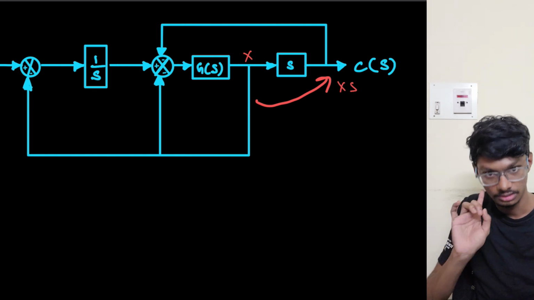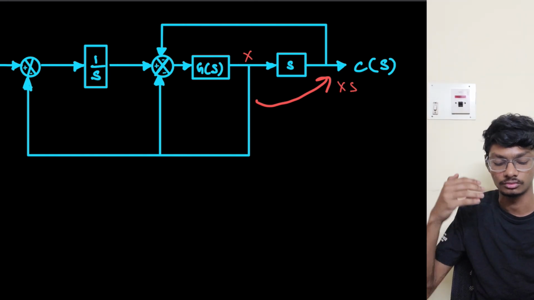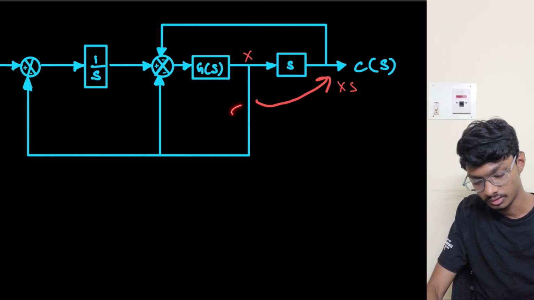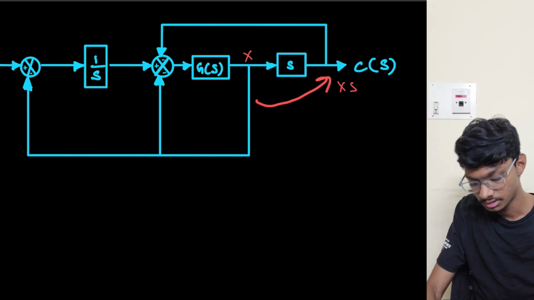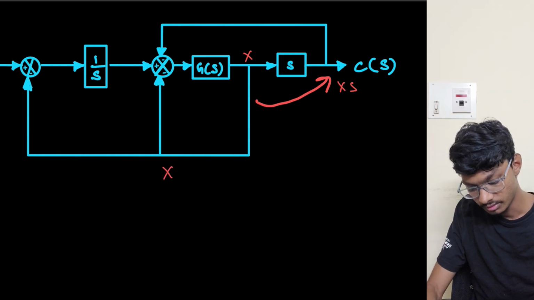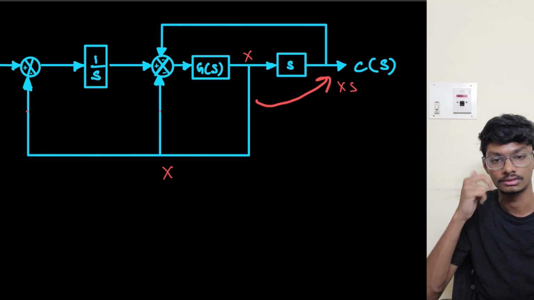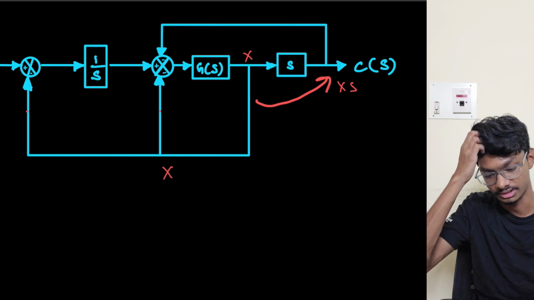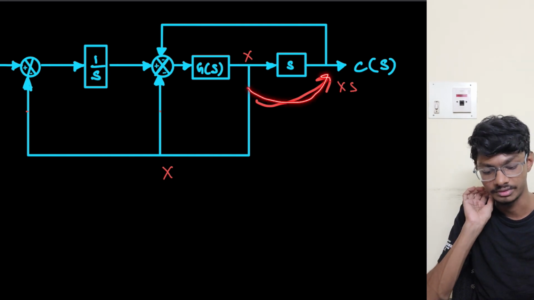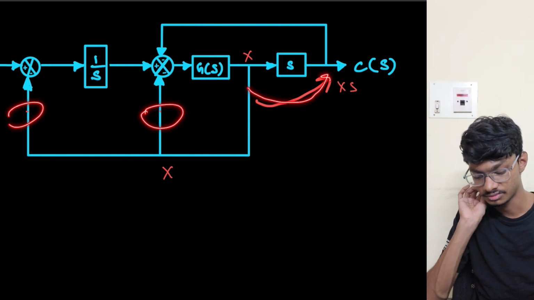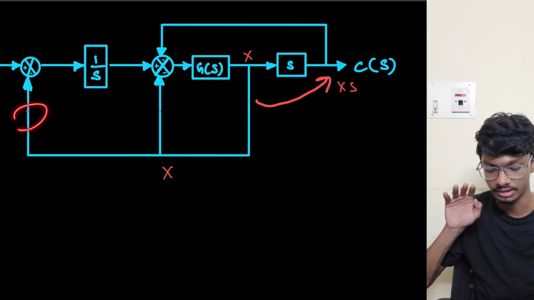Don't make the mistake of replacing 1 by s over here. We have x here, so I will use the 1 by s gain block here only. I'm just moving the takeoff point, so I will put a gain block here and here.